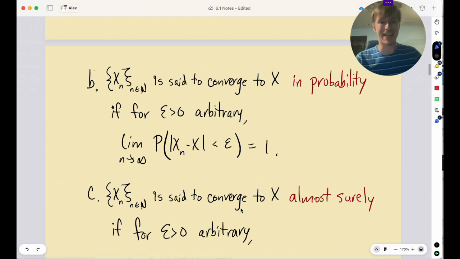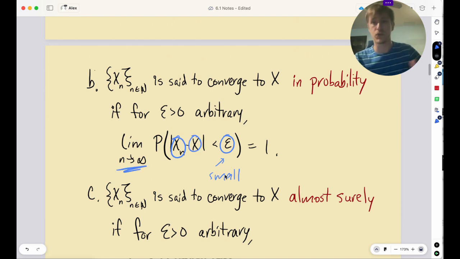So what that's saying is if this is allowed to be any real number, as small as you could possibly think, I'm letting this be incredibly small, well then Xn is going to get closer and closer to X as n gets closer and closer to infinity. So the probability of this getting as close as I want as n goes to infinity is eventually going to equal 1.